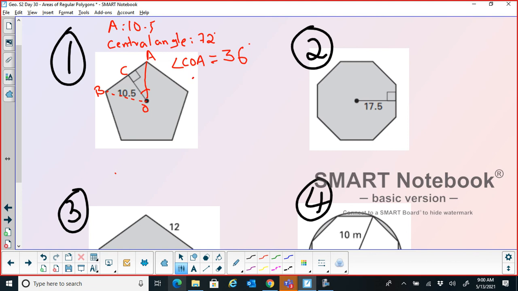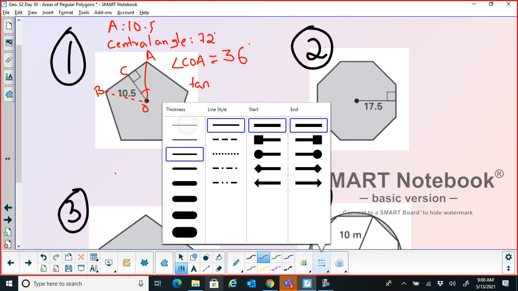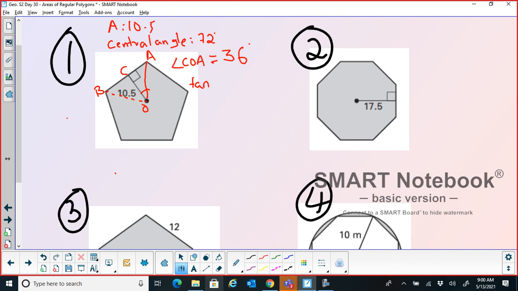So tan 36 equals CA, which I don't know, over OC, which is 10.5.